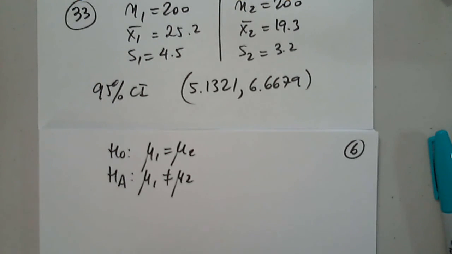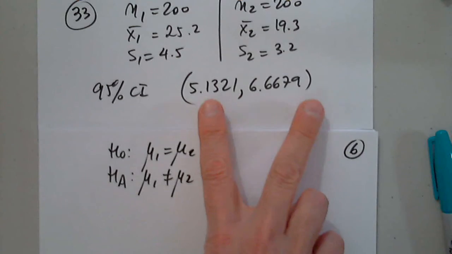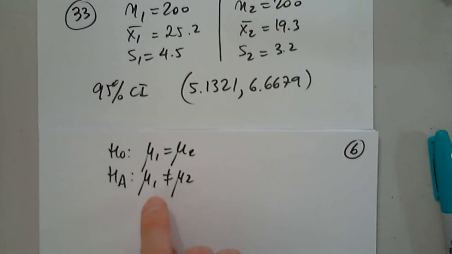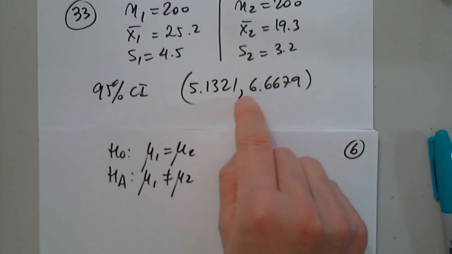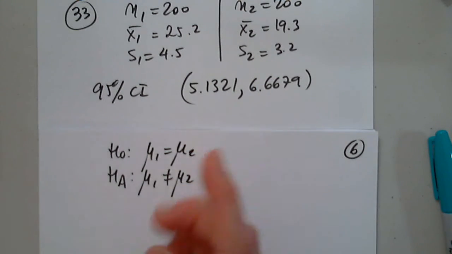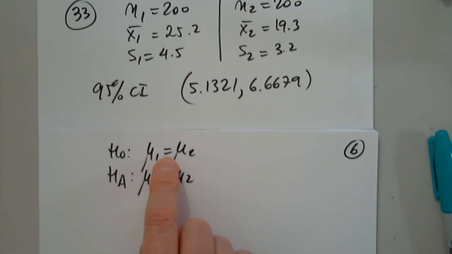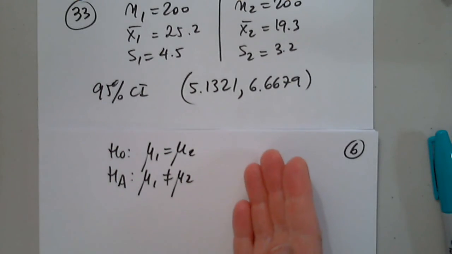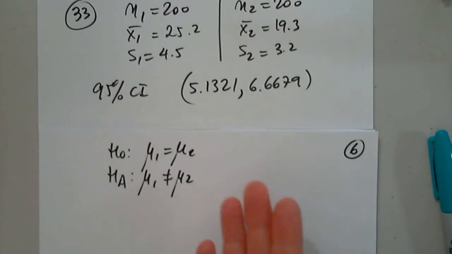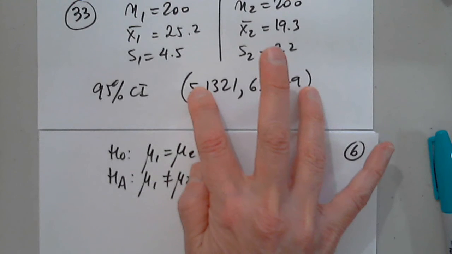Reject. Because it's consistently positive, it means that they cannot be equal. If the interval contains 0, which it doesn't, then we fail to reject, because we don't know. Sometimes it's positive, sometimes it's negative. But this is consistently positive.